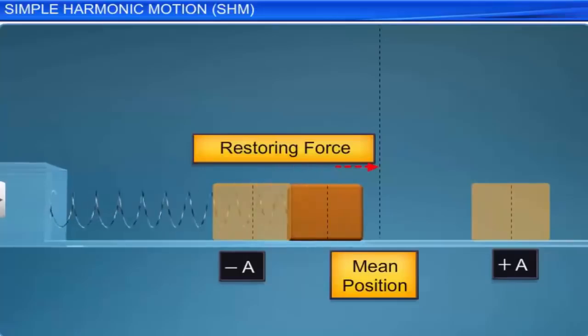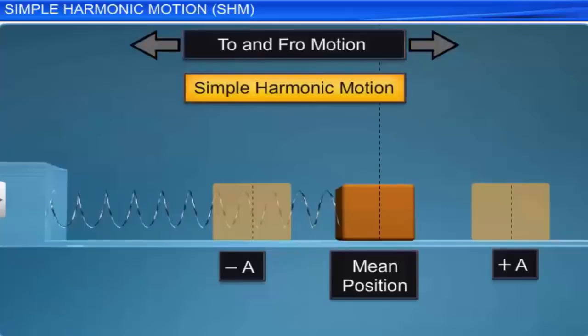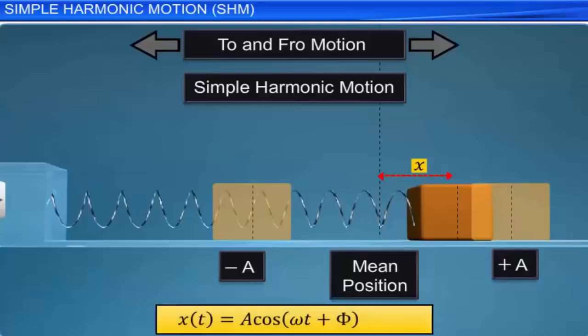This to and fro motion being executed by the body is called simple harmonic motion. The displacement of the particle from the origin is a function of time t. The displacement x of a particle in simple harmonic motion can be expressed as x(t) = A cos(ωt + φ). Let this be equation 1.